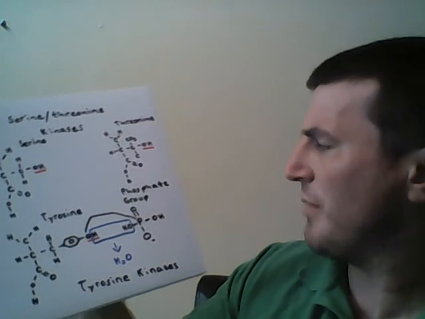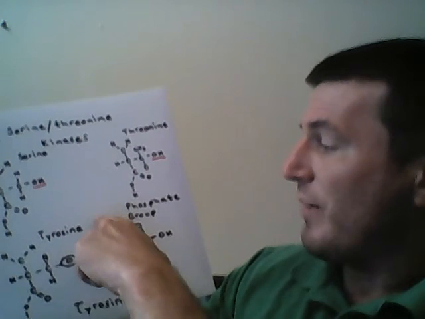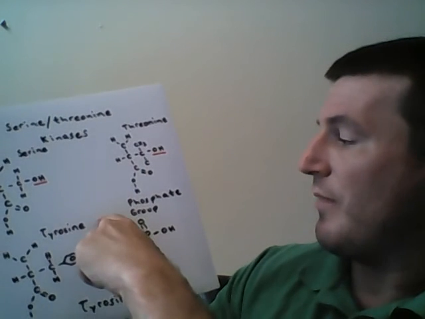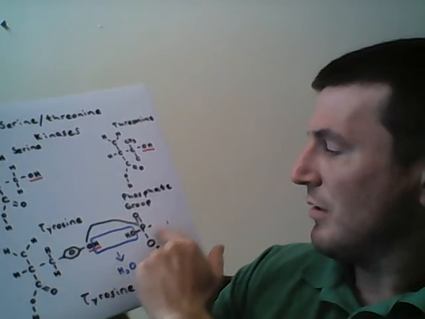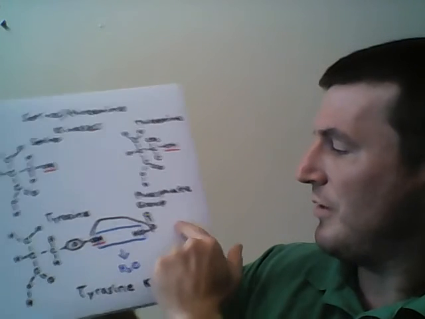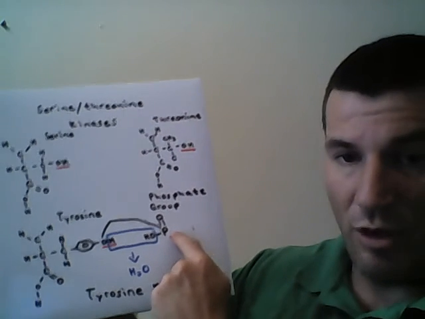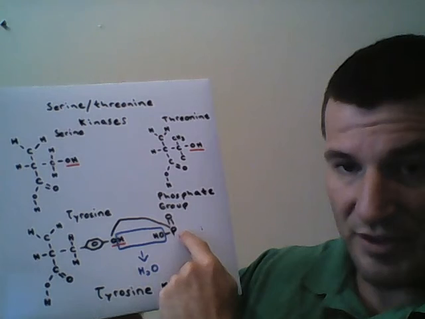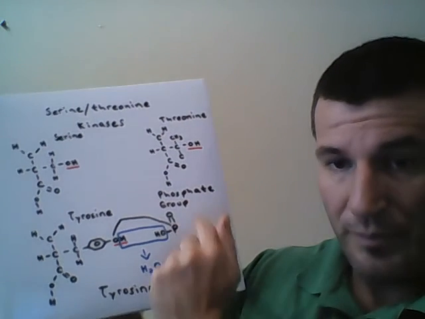What else did I want to say about this? Oh, the reason that this is called a phosphoester link is because if you got rid of this portion right here, which I'm going to do, and you changed this to a carbon instead of a phosphorus, you would have a carboxylic acid group.